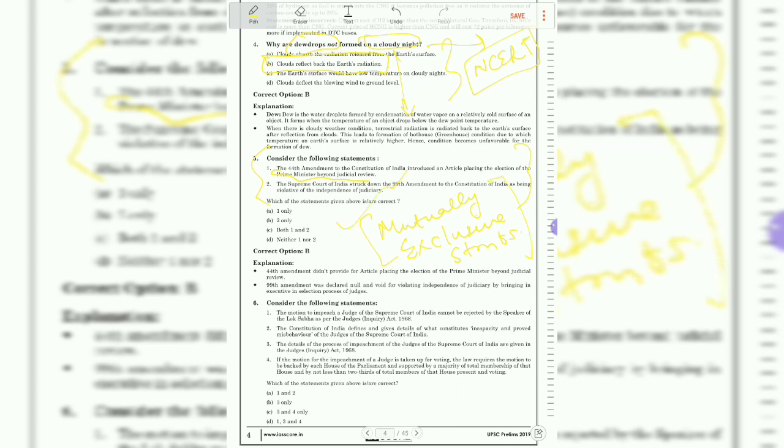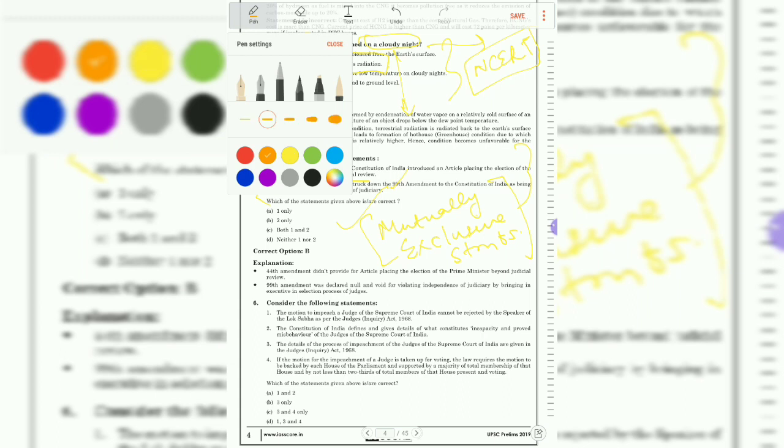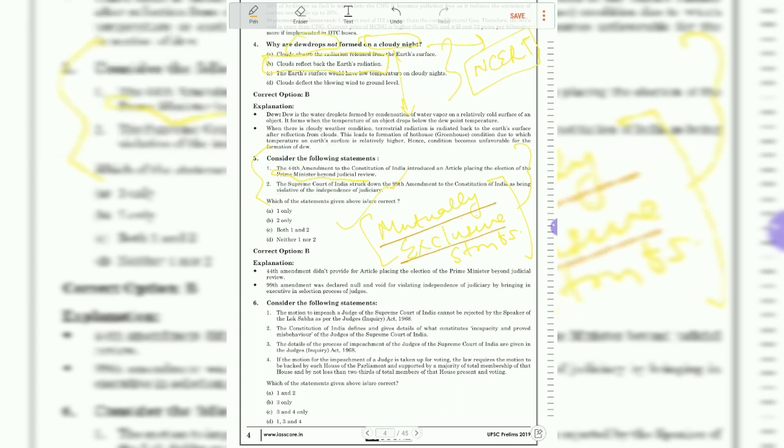Try to understand this mutually exclusive thing, because it helps you in elimination a number of times. Suppose two statements are not connected, very different, right? A few times two statements are connected.